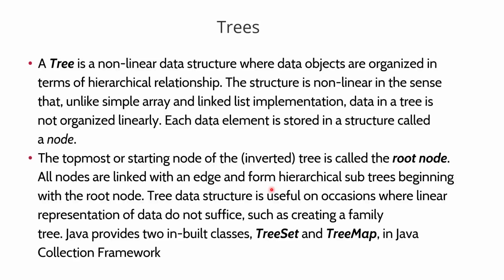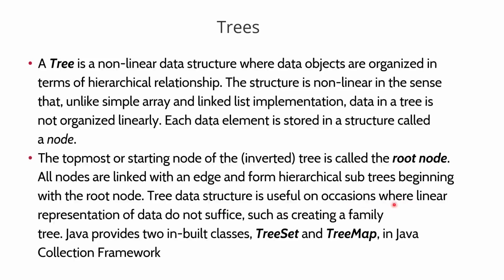We think of live trees with the roots in the ground, but in this case it's inverted. So the top of the tree is the root node, and all nodes are linked back hierarchically to that root node. That would be similar to our C drives. Our C drives are the root of our file system trees, and from there all of the files and folders are those hierarchical subtrees that are pointing back to that root node. So that's a good way to understand trees.